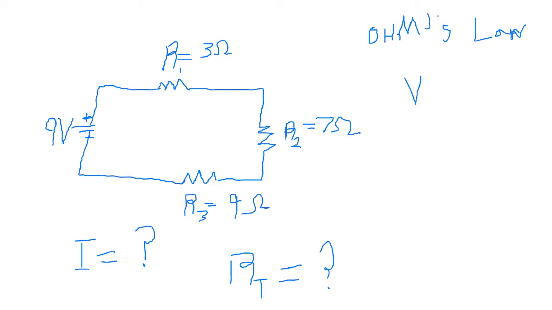So V is equal to the current times the resistance. To solve for I, you divide voltage by the total resistance. So I would equal 9 divided by 19. Absolutely. Good deal.